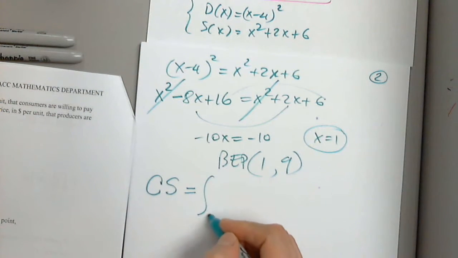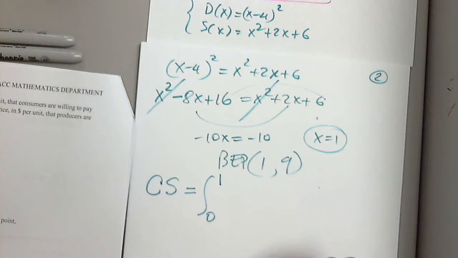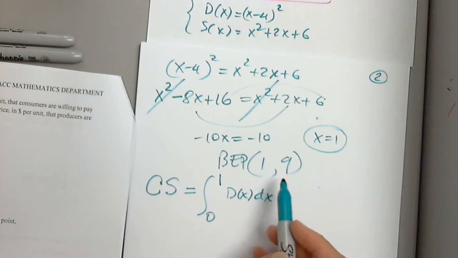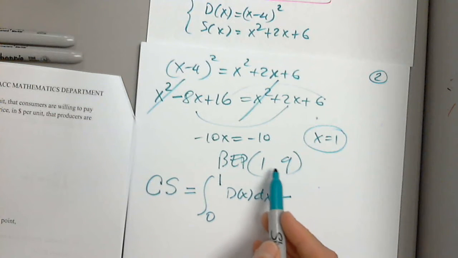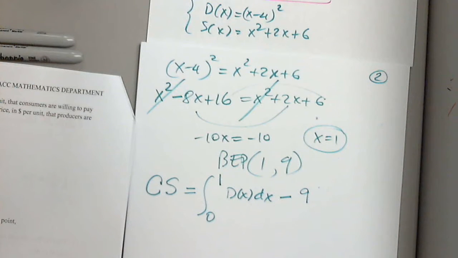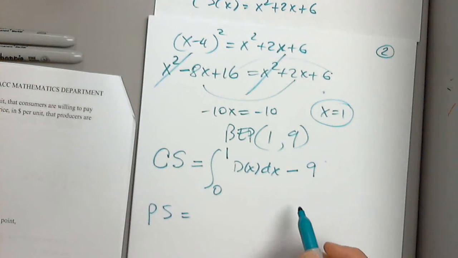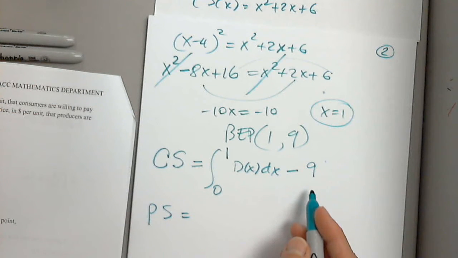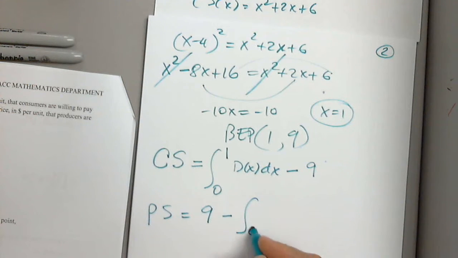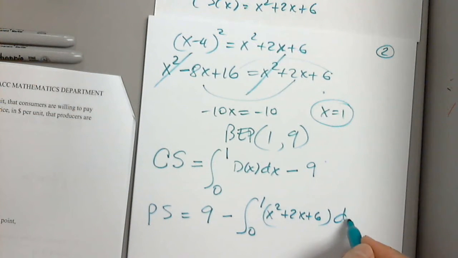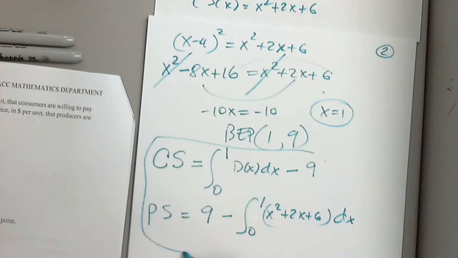So it's the integral from 0 to 1 of d of x dx minus this product, because that's the area of the rectangle. The producer surplus is the opposite. It's 9 minus the integral from 0 to 1 of x squared plus 2x plus 6 dx. We need to remember these.